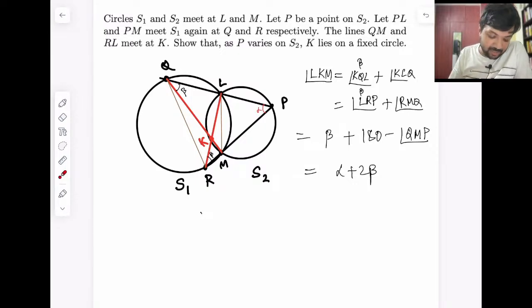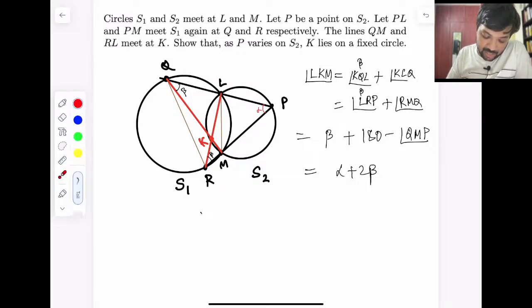Once you get that, it's an easy angle chase. Angle LKM, by exterior sum, is KQL plus QLK, but QLK is the same as QMR, which is RMQ. And RMQ by exterior sum is alpha plus beta. You don't even have to write this step.